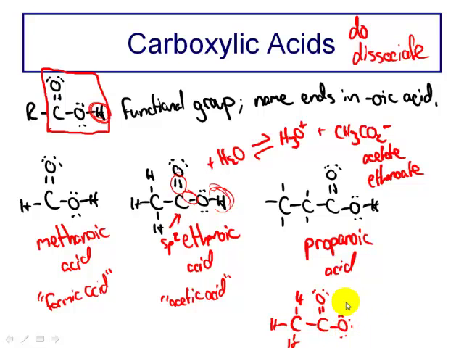Really I'm drawing this as double bond here, single bond here, but if you recall, this double bond gets shared between both the carbon-oxygen bonds, which you can describe as resonance, or because each of the oxygens and the carbon is sp2 hybridized and share the pi bond electrons as part of a delocalized pi bond where the electrons get shared. If you have questions about those things, you'll want to talk to me about that in the next couple of days, but I'm just throwing that out there in case you remembered.